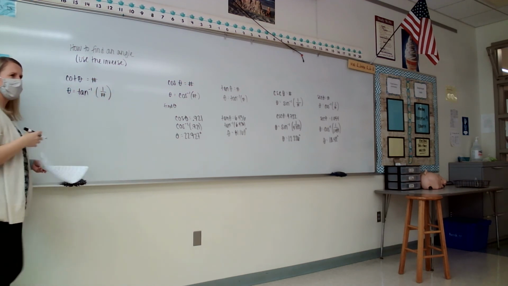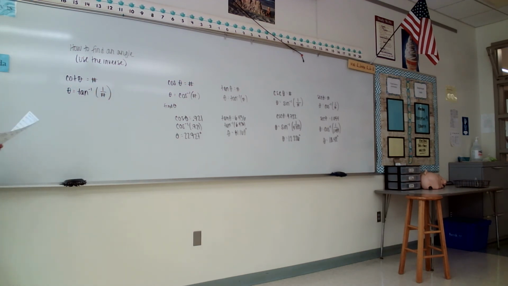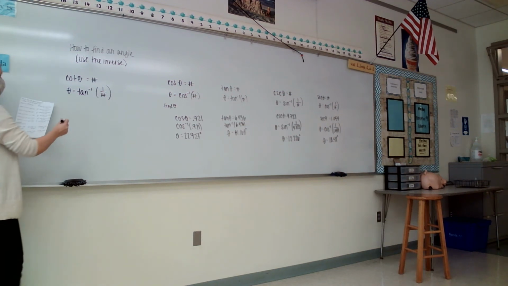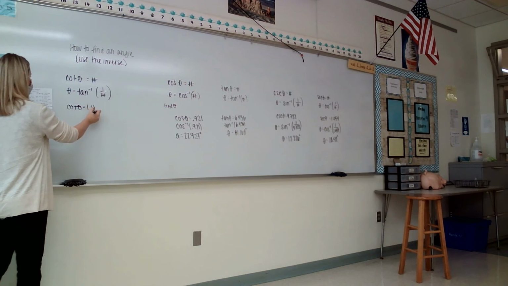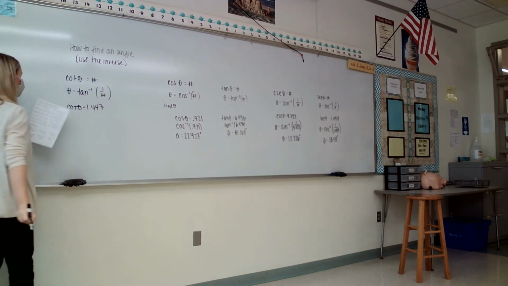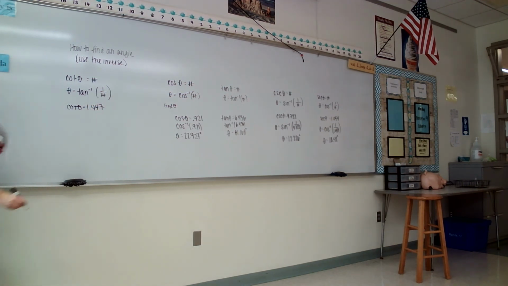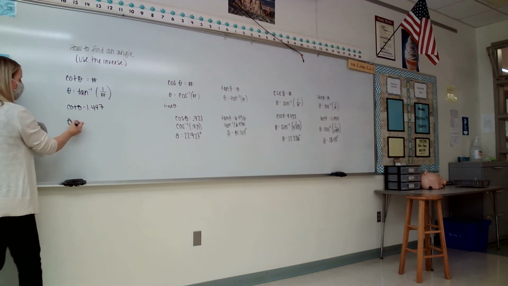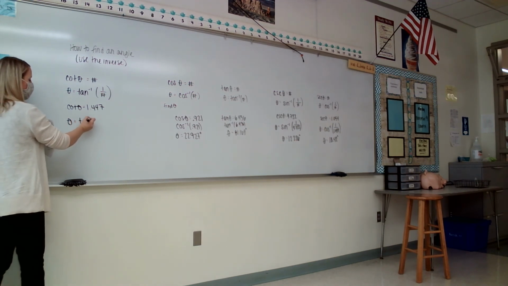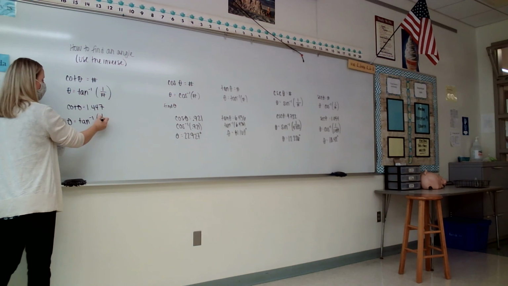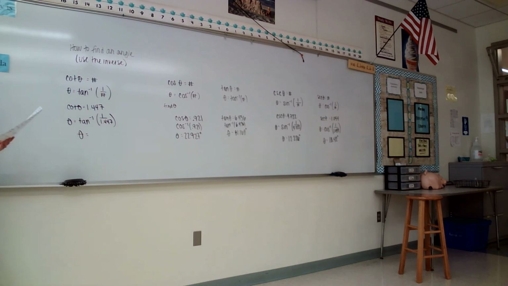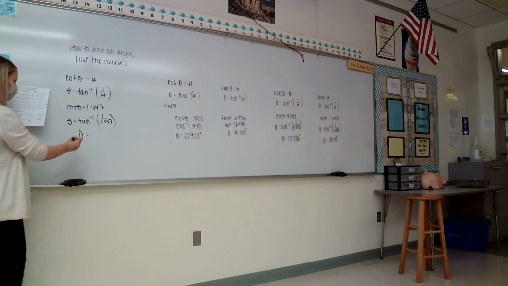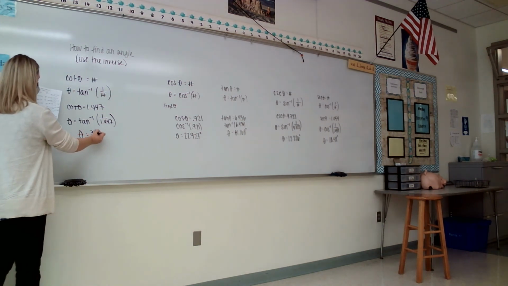So once you see one, they kind of follow the same pattern. Whenever I need to find theta, I'm going to use an inverse. So this is going to be inverse tangent of 1 over 1.447. Use those parentheses if you're scared it won't give you the right answer. That one I got 34.648.